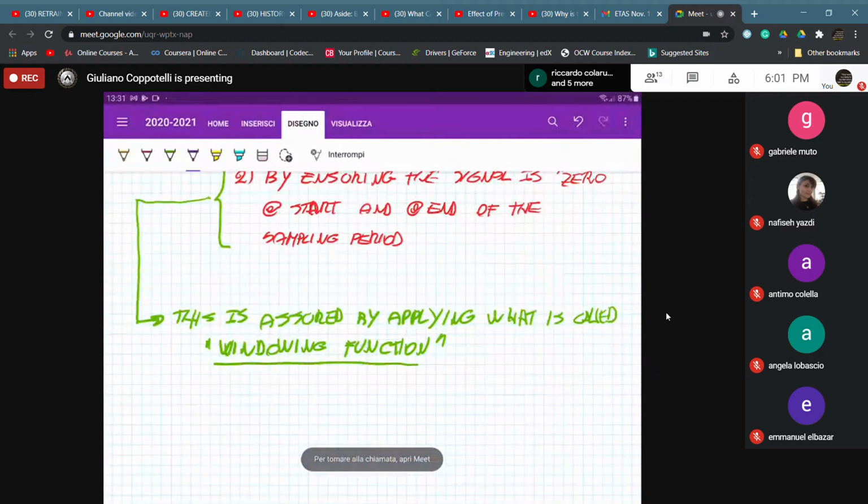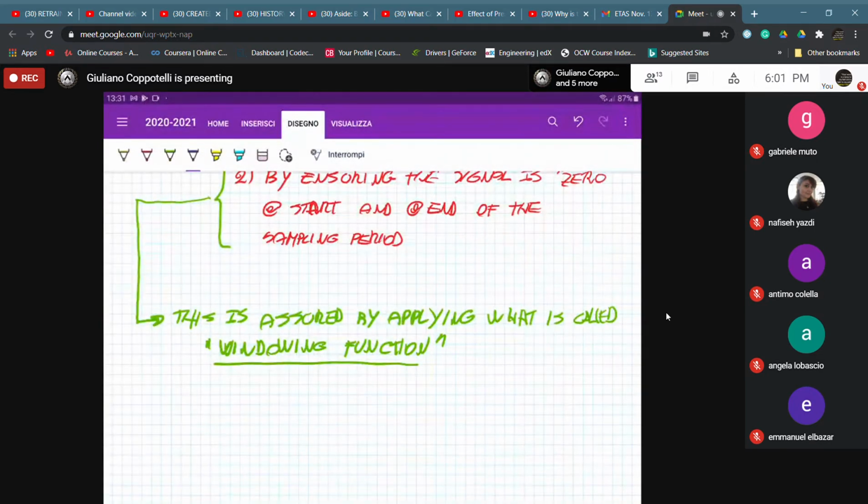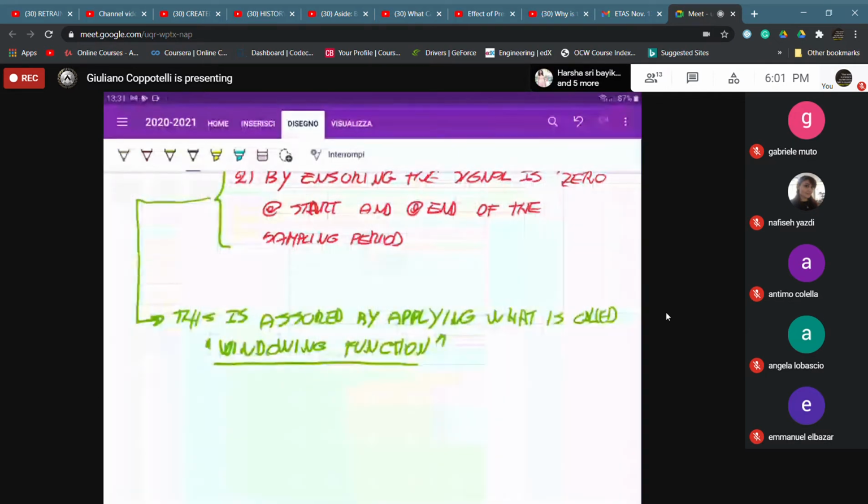So, what is the shape of this window function? The shape is typically a function that has an amplitude that is modulated, and the resulting is just a sine wave or something like that.